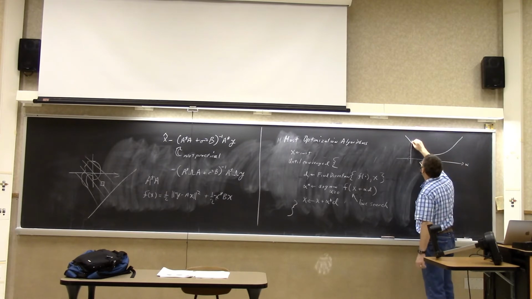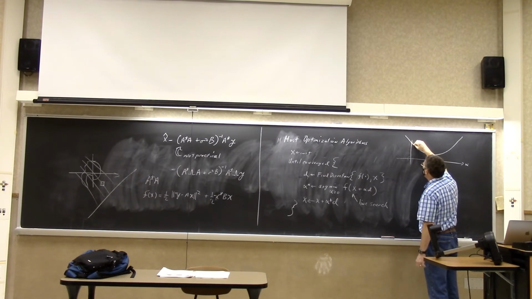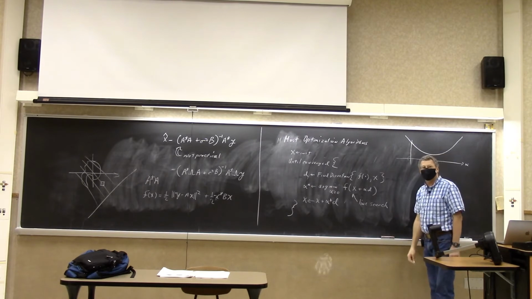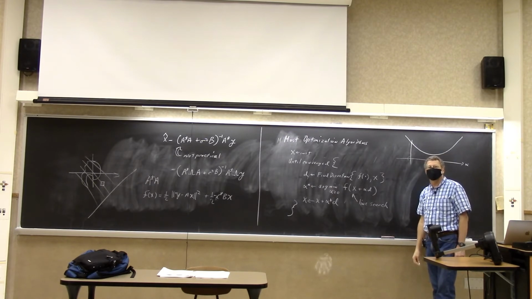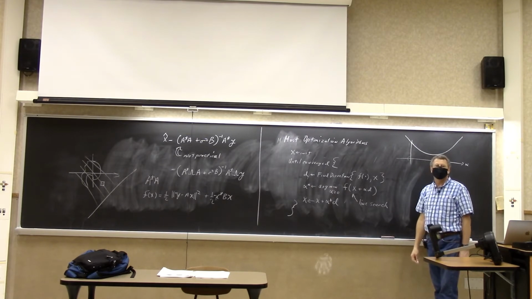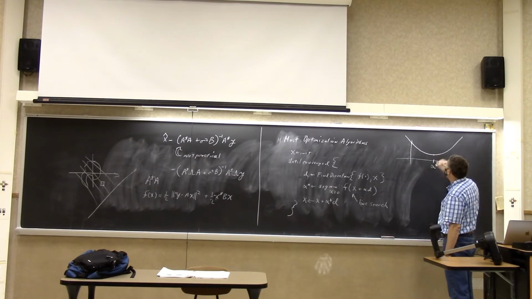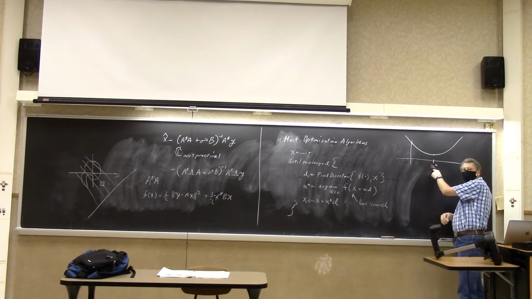Notice that usually you pick the direction so that you at least start off by going down, because it would be a really bad idea to pick a direction that starts off by going up, generally speaking. But then you say, well, I just pick this value here. That's the line search. You find the value that minimizes this. It seems very simple, right?